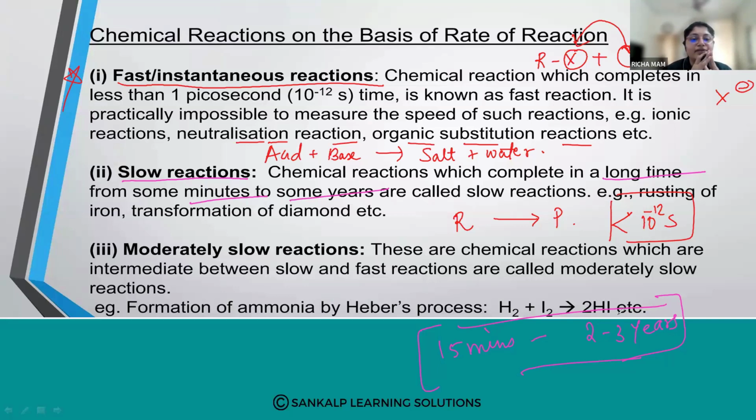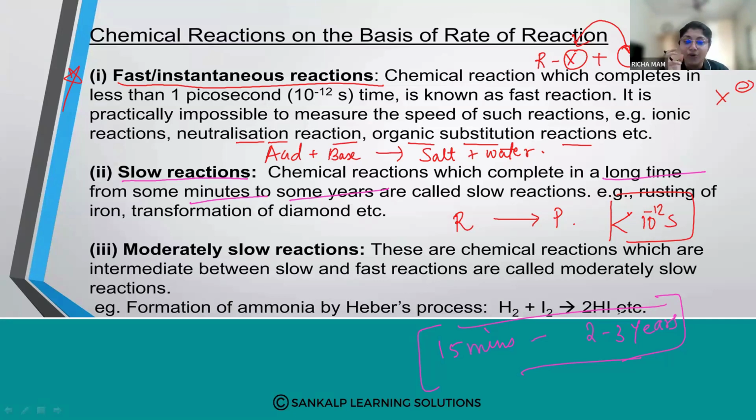Then the second example I can give you is transformation of diamond. The transformation of diamond takes several years. If you go to extract diamond, you will not get a shiny surface; it will be a very rough surface. After polishing and undergoing several methods, refining and all, then you get the shiny surface of the diamond.